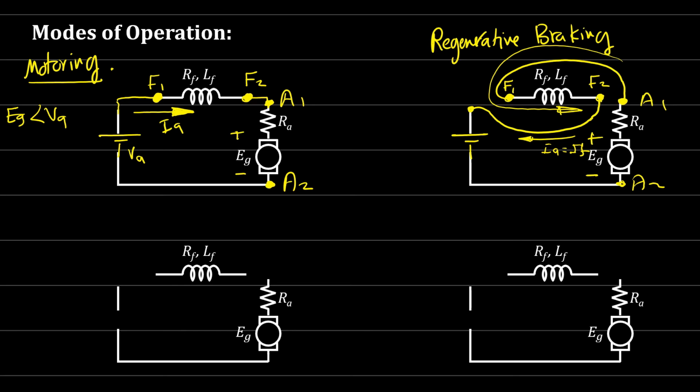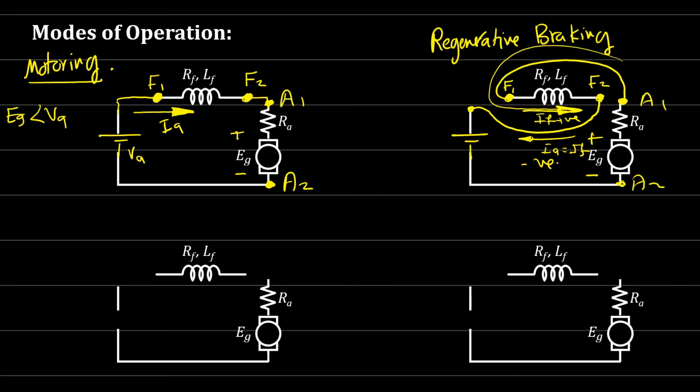At this point, IF is how much? IF is positive, right? Positive IF inside the field coil, the field circuit, IF is in the same direction, no problems. But within the armature circuit, IA, which is the same in value as IF, is in the opposite direction, to be negative, because the motor is giving, not taking.